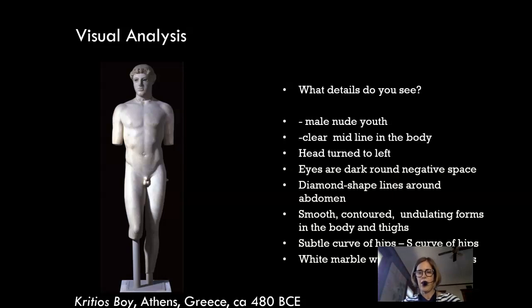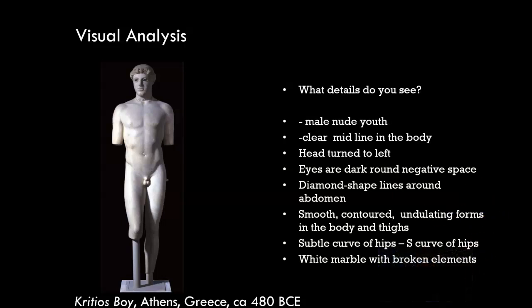Okay, so I've gone ahead and made some observations that you can see here. The details that I see: a male nude youth. I see a clear midline down the body. I see that the head is turned to the left. I see the eyes are a dark negative space.